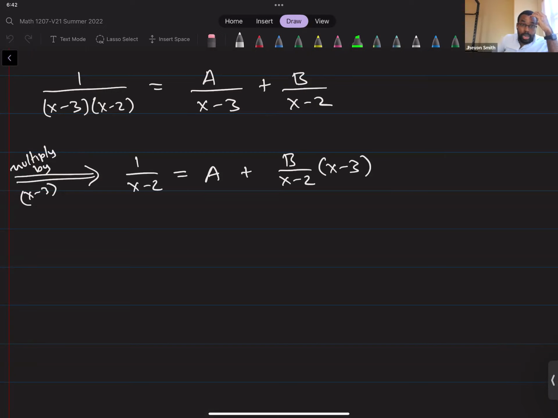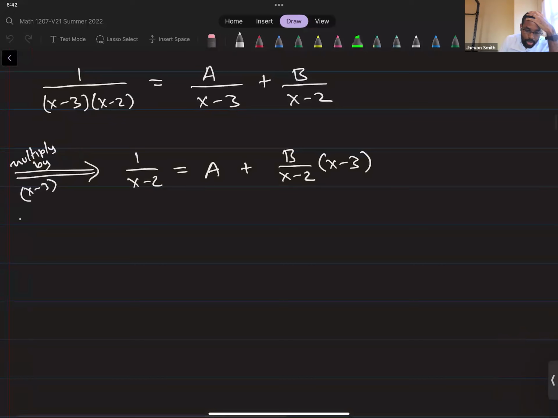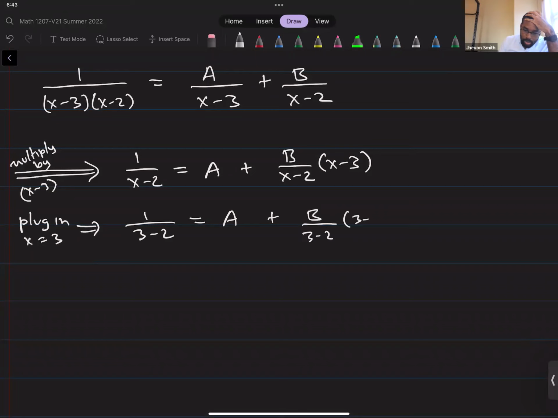Now, if I actually plug in x equals 3, notice that this part here would be 3. This part here is just going to go to 0. So really, you've isolated the A by doing this, right?